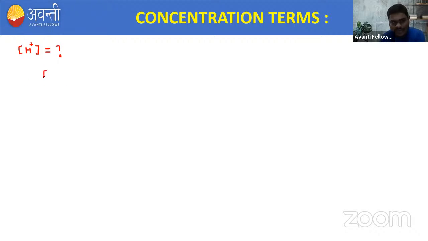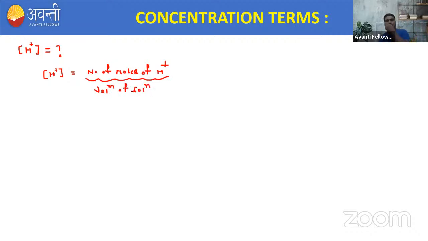For calculating the concentration of H plus, we need the number of moles of H plus divided by the volume of the solution. So what is the number of moles of H plus? Can anyone tell me?